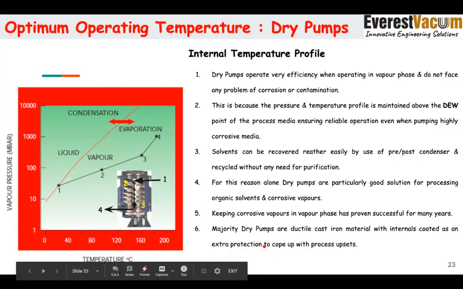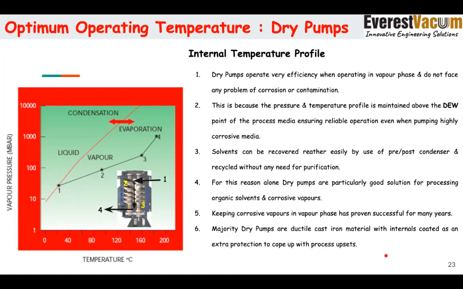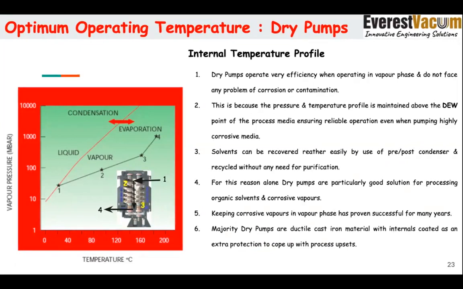condense. Majority of the dry pumps that are there in such cases are ductile iron, and internals in most of the cases are coated as an extra protection to cope with process upsets. So what I have tried to explain to you is that even though dry pumps, if the process vapor is in vapor phase, can run without any problem of corrosion, no customer can be 100% sure.